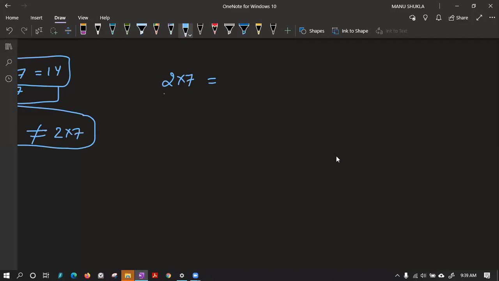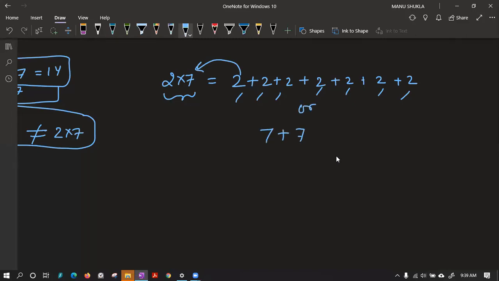So this 2 into 7 must have come from repetitive addition. If you write 2 these many times, 1, 2, 3, 4, 5, 6 and 7, so if you are doing repetitive addition, then it is multiplication, or you can say it is 7 twos. That is also correct.